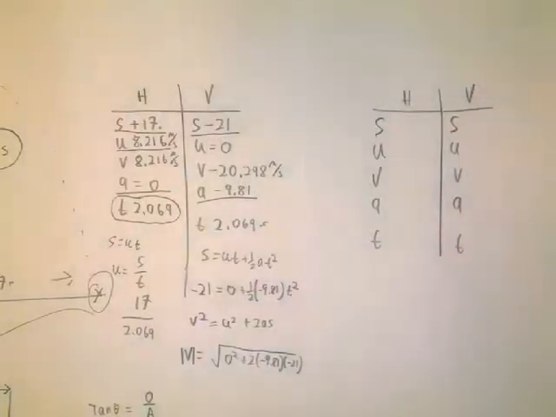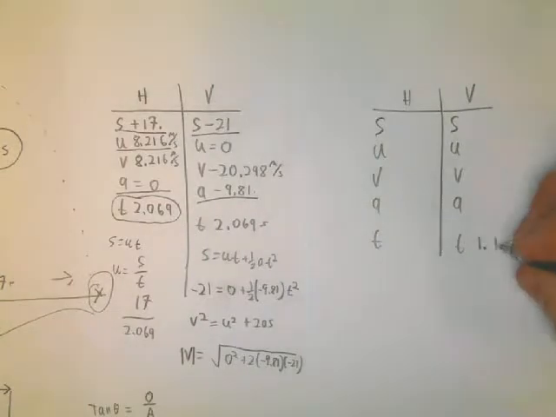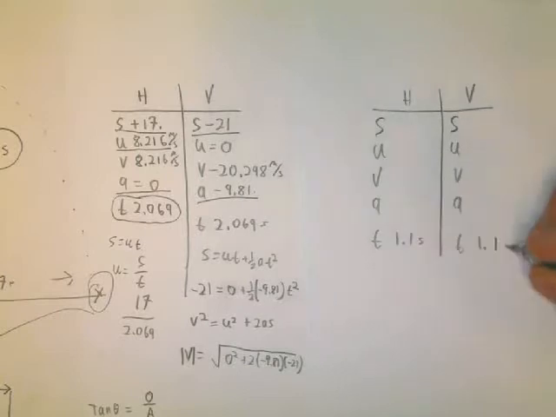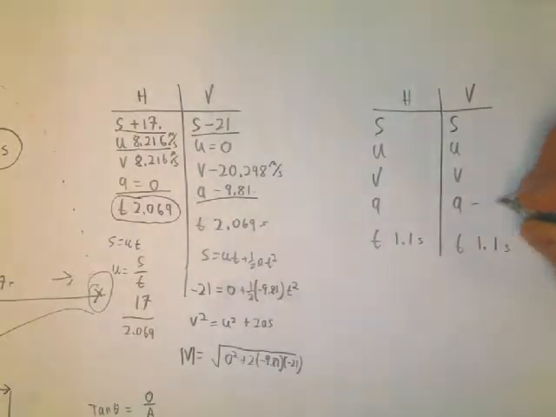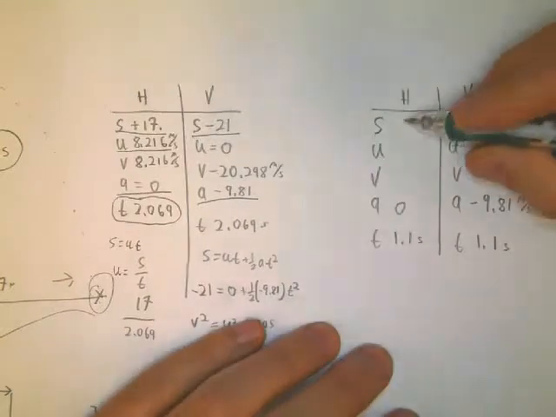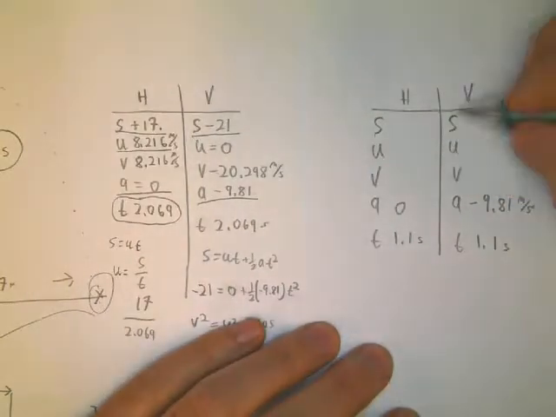Now it says at 1.1 seconds, so that's what we know. We know 1.1 seconds, 1.1 seconds, right? And then we're still on Earth, so this is negative 9.81 meters per second squared. This is still 0. And then we don't know how far over it is or how far down it is, because we're not talking about hitting the ground.